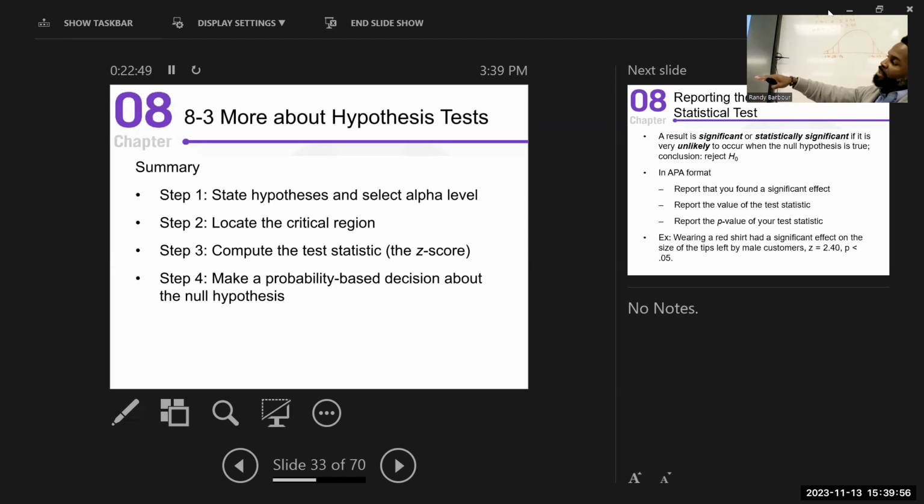And then you're going to make a probability-based decision off the null hypothesis. So you're either going to reject the null hypothesis if your z-score falls into the critical region, or you're going to fail to reject the null hypothesis if it does not fall into this critical region, if it falls anywhere in here. Okay. It's going to make a lot more sense once we begin to look at problems.